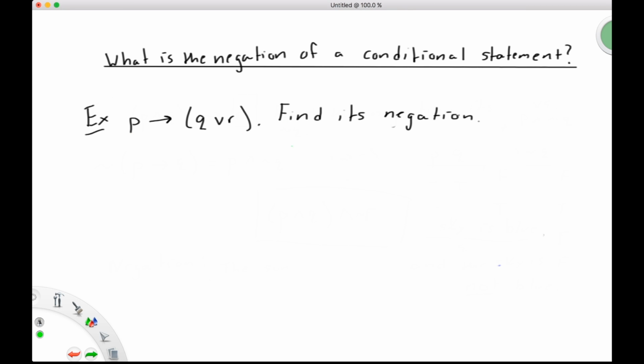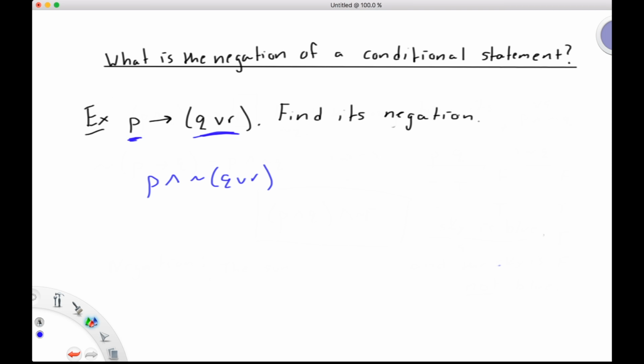Now, just as we said last time, when we negate a conditional statement like this, the antecedent, or in this case P, remains the same. We change it to an and, then the consequent, which is in this case the compound statement Q or R, is what we need to negate, Q or R. And so we can write it this way, P and the negation of the compound Q or R.